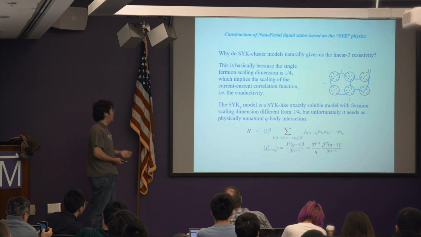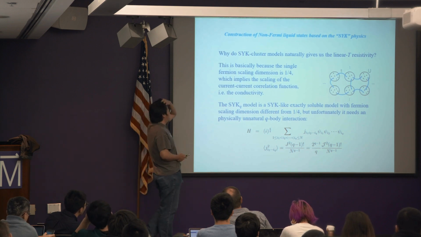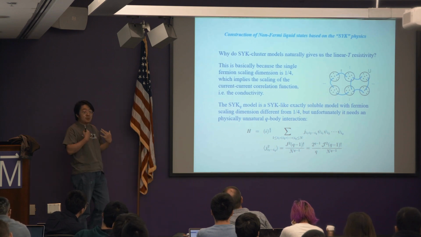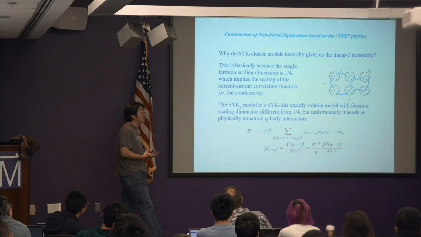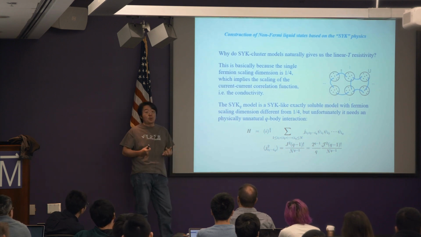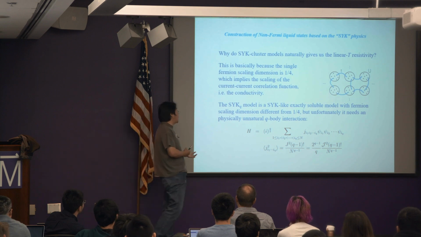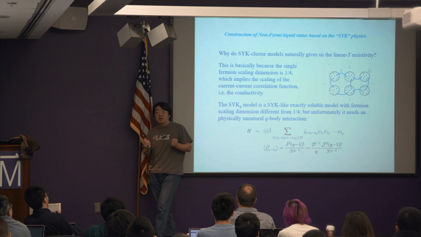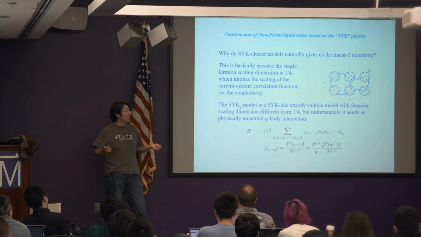So one natural thing to expect is that the reason the original SYK model can very naturally give us the linear T resistivity is because every fermion has scaling dimension 1/4. So now it seems like we just need to construct an SYK-like model where the scaling dimension of the fermion is not 1/4 but something different.